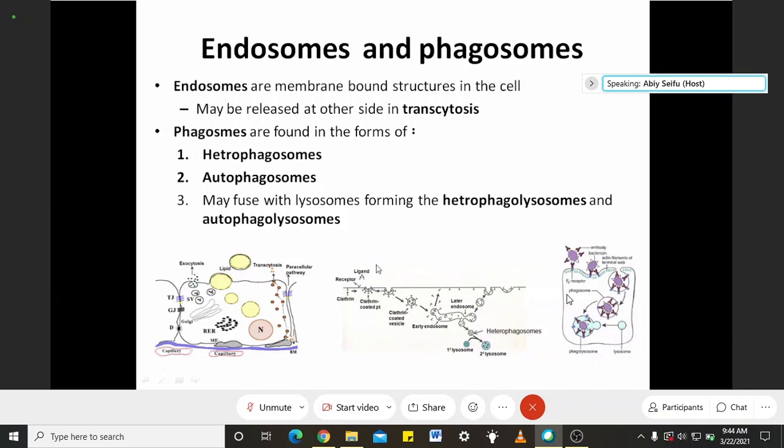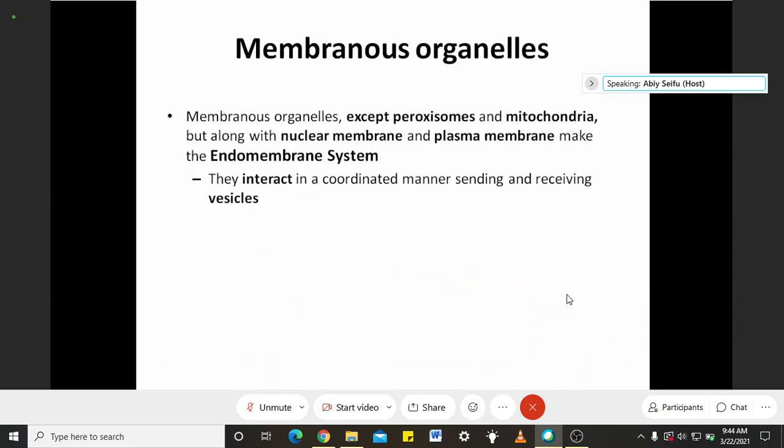So these are also membrane-bound structures, important structures within the cells. And this has now brought us to finish the membrane-bound organelles. I listed to you the membrane-bound organelles, which include the endoplasmic reticulum, the Golgi complex, the lysosomes, the mitochondria, the peroxisomes, and the endosomes. And many of these interact with each other.